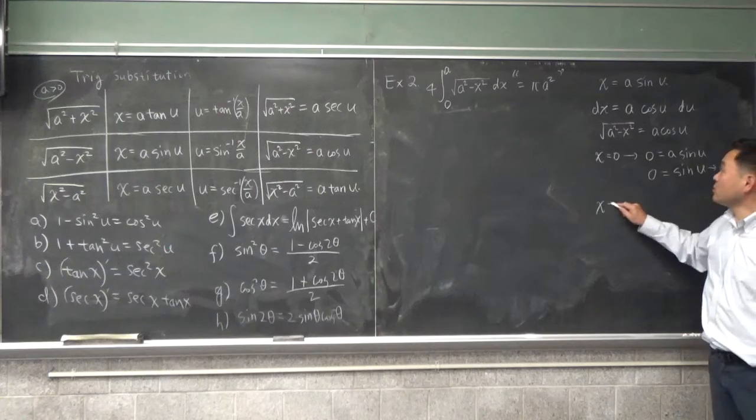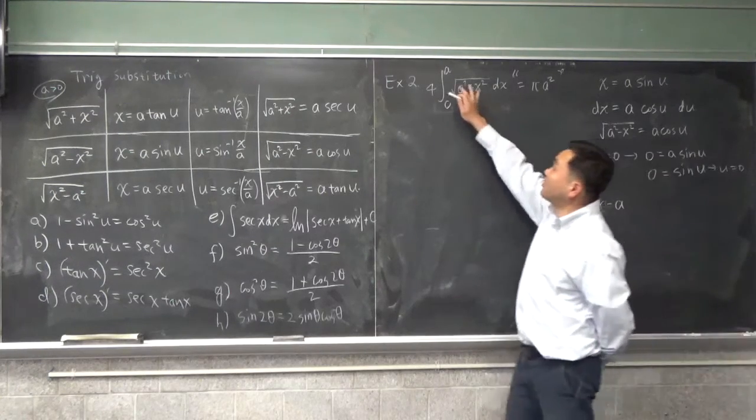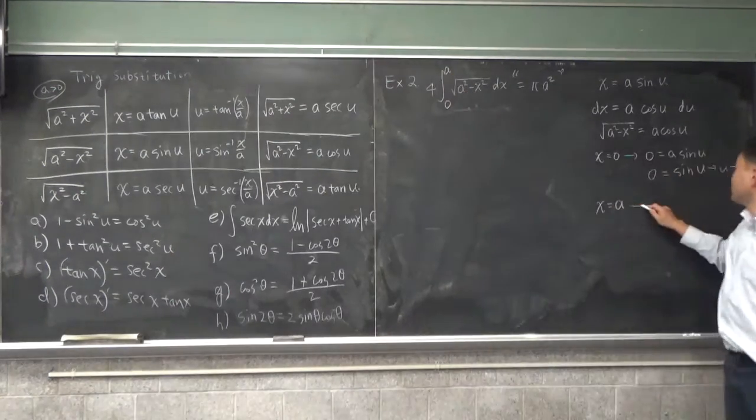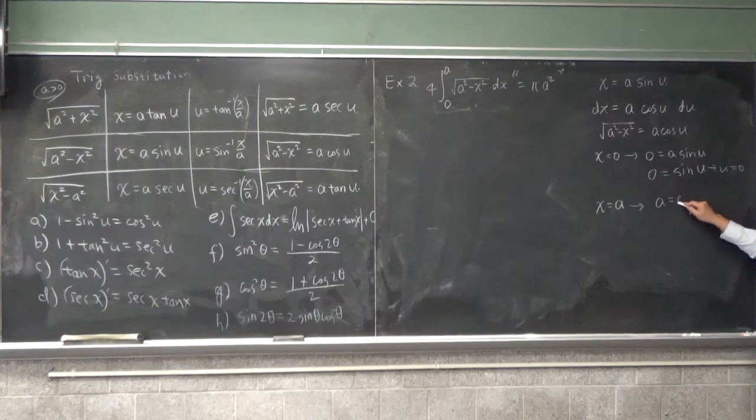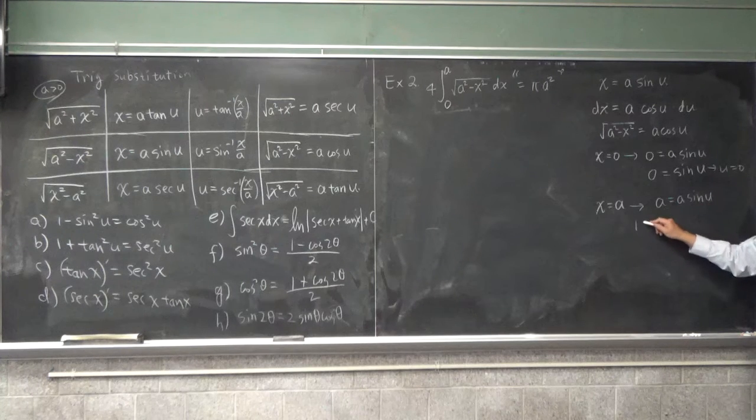Now when x is equal to a, that's the other bound. If I plug in a here, a must equal a sine u. Dividing both sides, you get 1 equals sine of u. So when does sine become 1? Sine of 90 degrees is 1. 90 degrees is pi over 2.